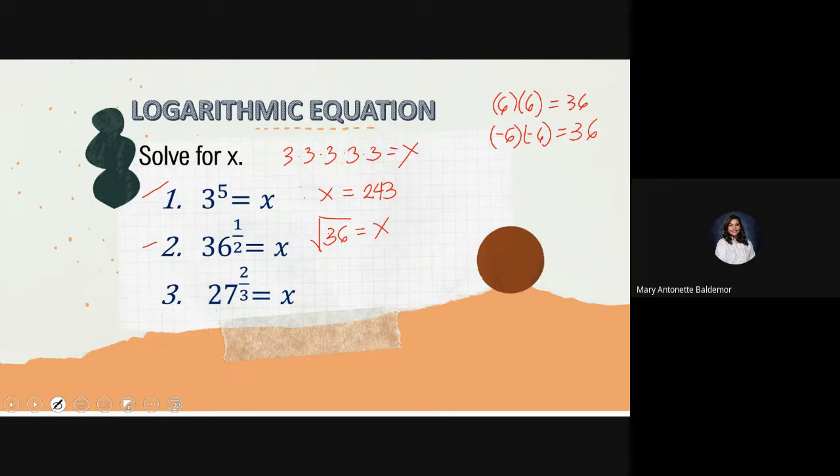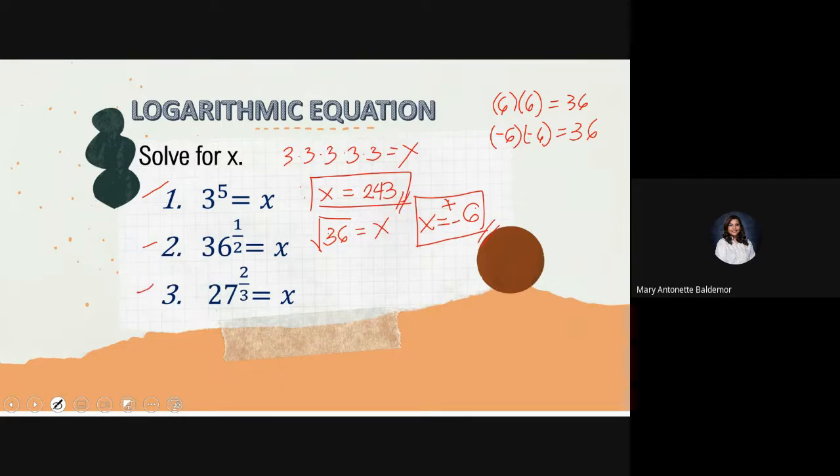Therefore, it means that if we get the square root of a number, we have two possible values for x. So our x here should be plus or minus 6. Okay, so here's the answer for number 2.